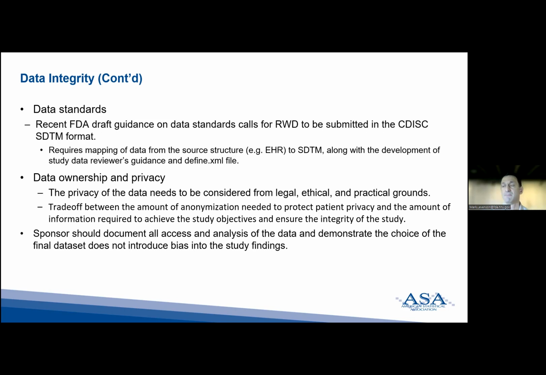Sometimes the month might be sufficient, sometimes it's not. So there's a balance between this privacy issue and the utility for a study. But ultimately you have to abide by legal and ethical issues. So a data source may not be sufficient for your needs.